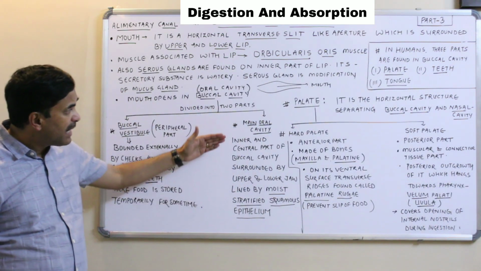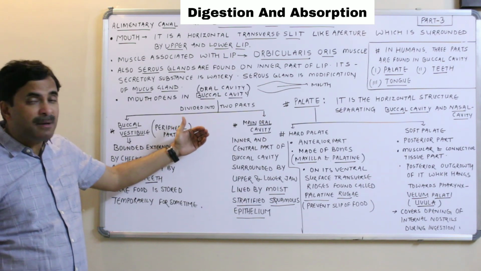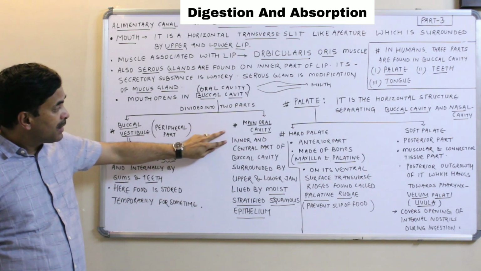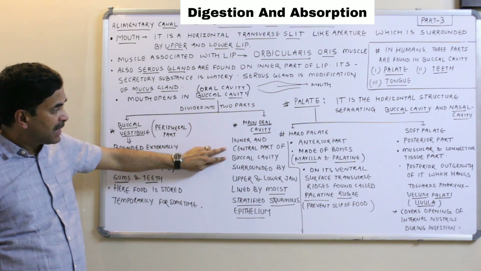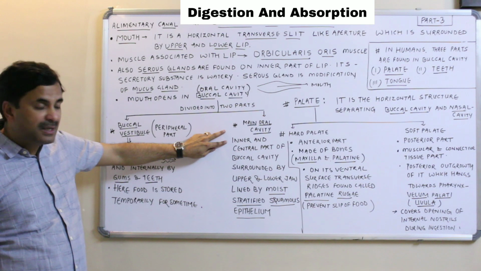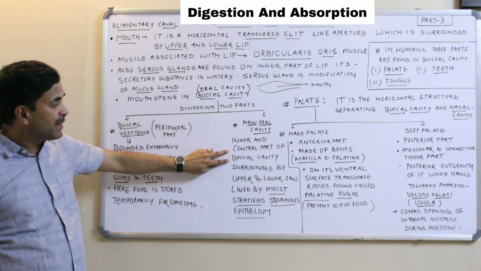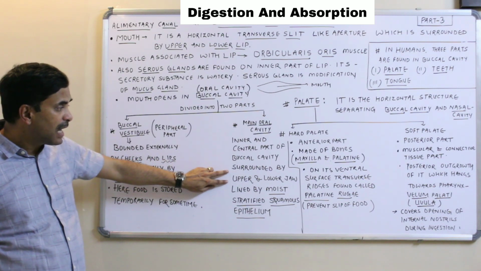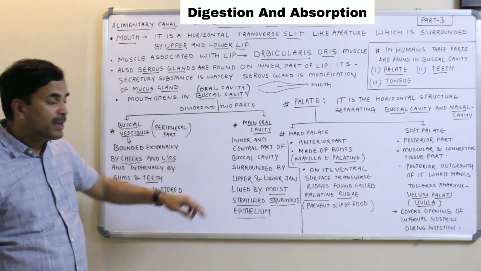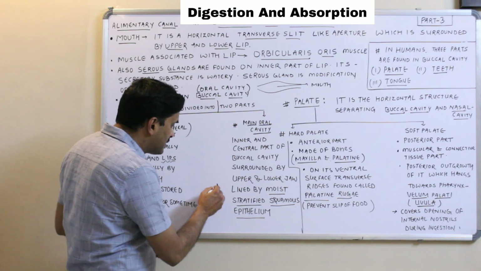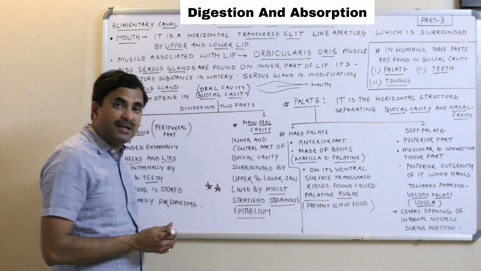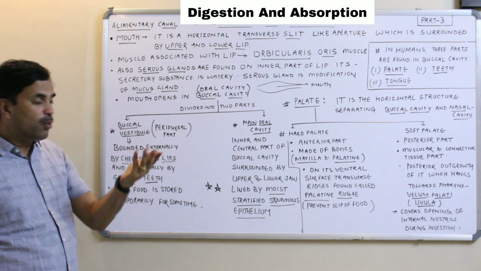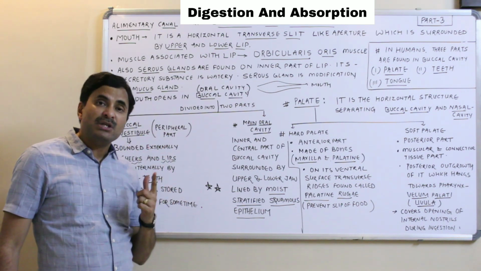Fine. And now coming to the main part of the oral cavity, also called the main oral cavity, the inner and central part of the buccal cavity. It is surrounded by the upper and the lower jaw. And I have seen that a question was asked in the NEET that the main oral cavity is lined by which epithelium.